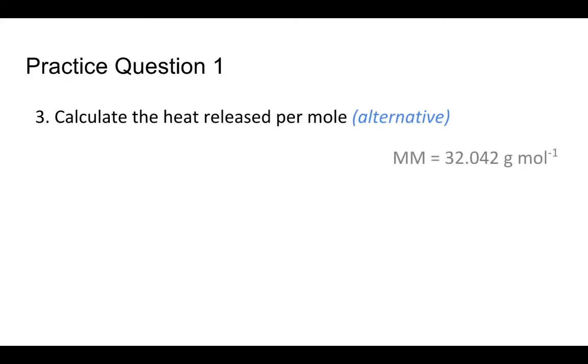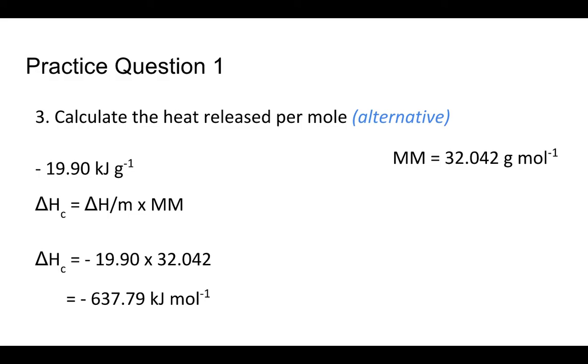Here's an alternative way to calculate the heat released per mole if we already have the heat released per gram. We know the molar mass of methanol is 32.042 grams per mole. We know that the heat released per gram was negative 19.90 kilojoules per gram. If we know that this is the heat released per 1 gram, and there are 32.042 grams in 1 mole, we can multiply the kilojoules per gram by the molar mass to get the molar heat of combustion.